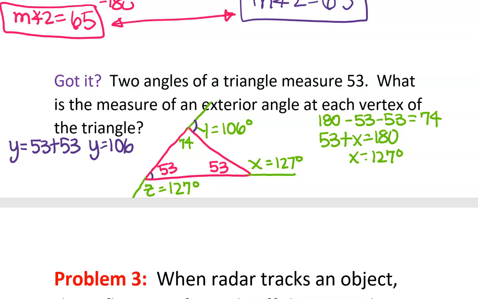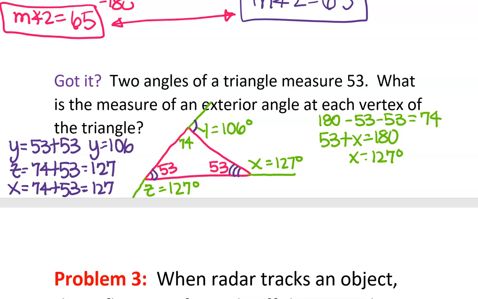If you're going to do this one, you're going to do z equals 74 plus 53, which would be 127. And then, of course, if you're going to do this one, it actually matches your z because it is the same angle. So it would be, again, 74 plus 53. So the exterior angle theorem makes it much easier because it's not a two-step thing, it's just one, but you choose what you want to do.